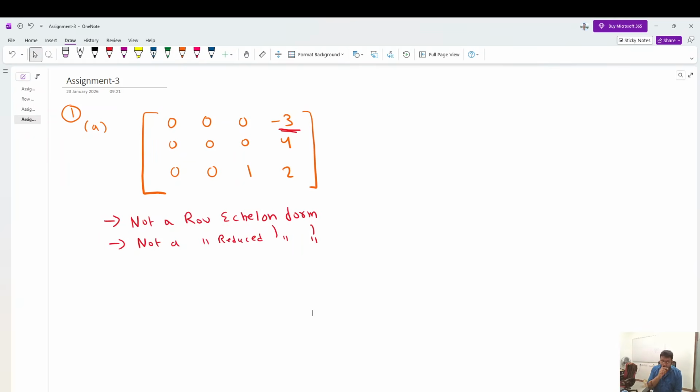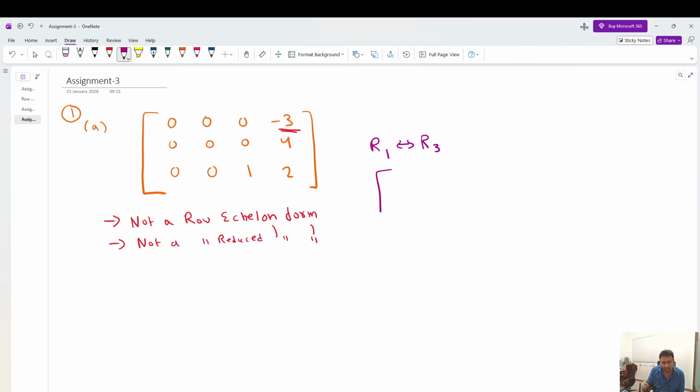Okay. The question is, can you make this by some row operation? Think about it for a moment. The operation will be you interchange row 1 and row 3.